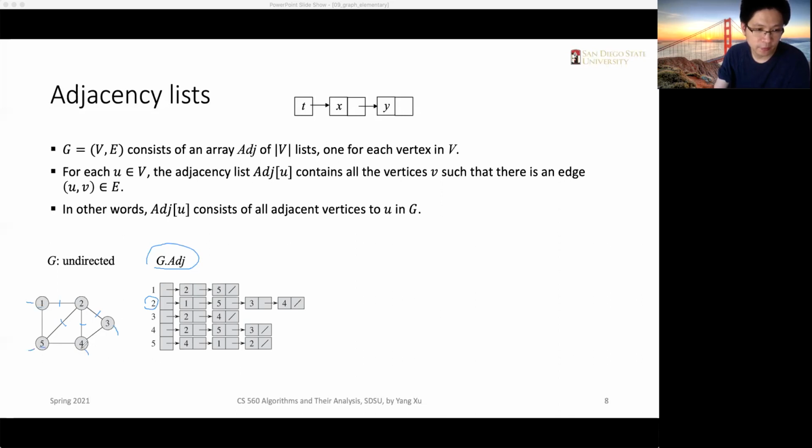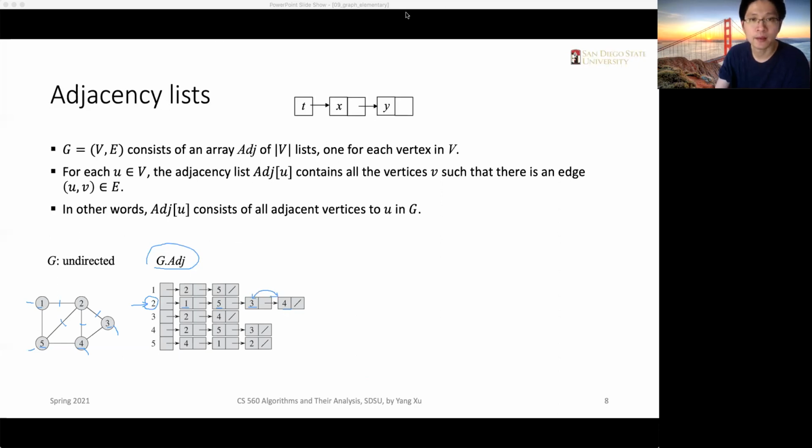So these should be listed in the adjacency list of vertex 2. Indeed 1, 5, 3, and 4 are listed. You see 3 comes before 4, but that doesn't really matter in this case.